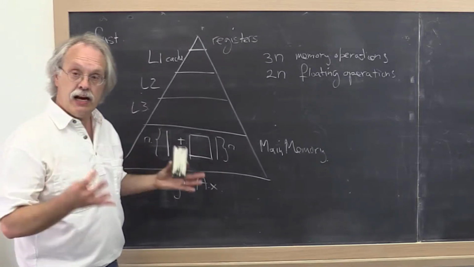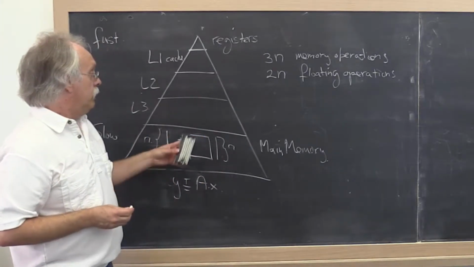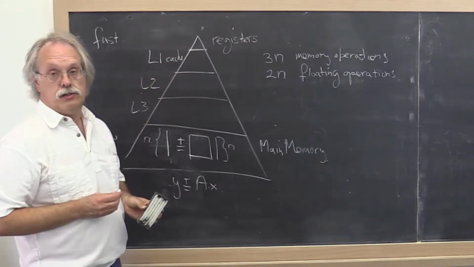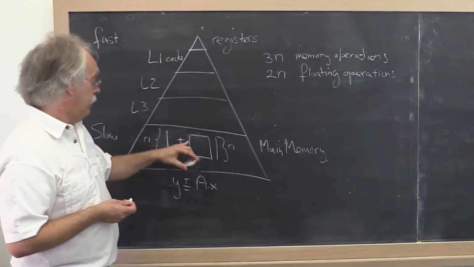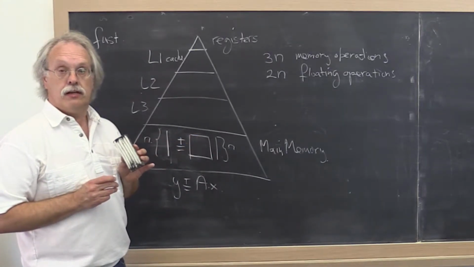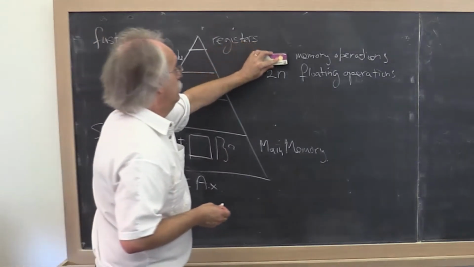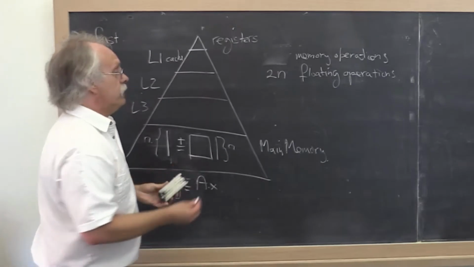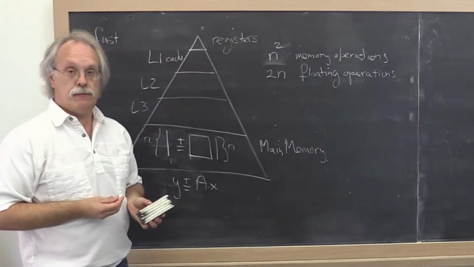Well, inherently, every entry in the matrix must be brought into the registers. When you think about it, when you perform a matrix vector multiply, you do a multiply and an add with every entry in the matrix. What does that mean? Well, if it's an n by n matrix, then you inherently have to do n squared memory operations.